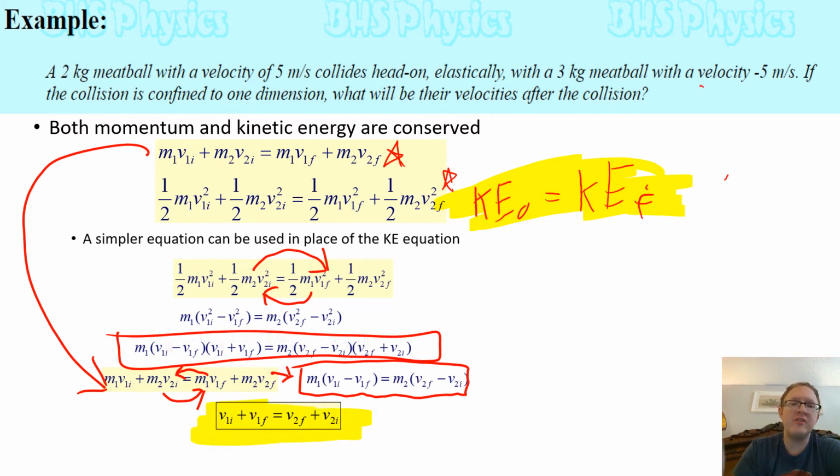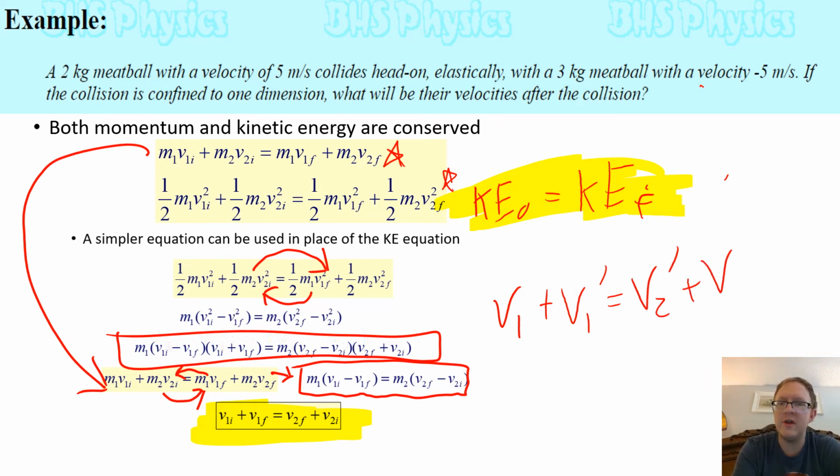That equation literally says, velocity 1 initial plus velocity 1 final equals velocity 2 final plus velocity 2 initial. I'm going to write it with primes.